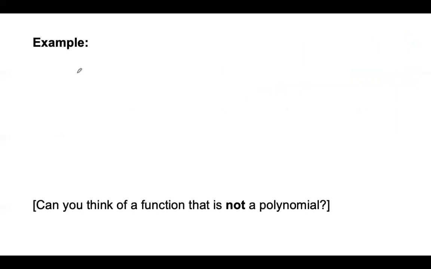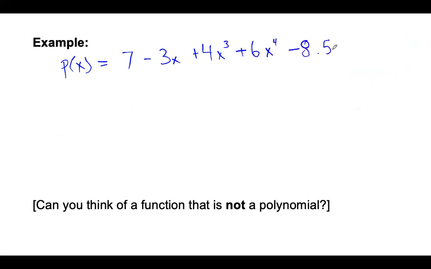So examples of polynomials, and then we'll see more in seminars. So this is an example, where a0 is equal to 7, a1 is equal to -3, a3 is equal to 4, a4 is equal to 6, etc., and a7 is equal to -8.5.